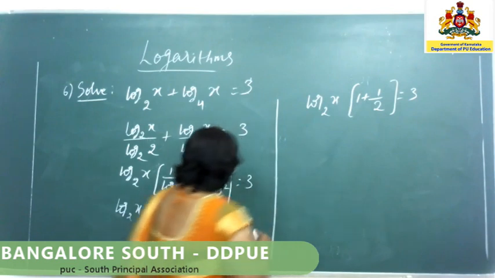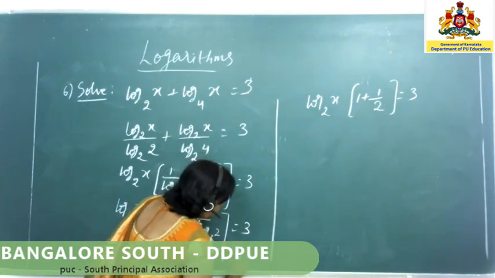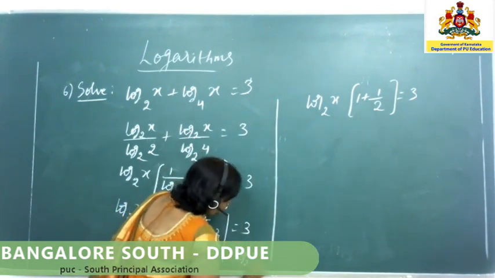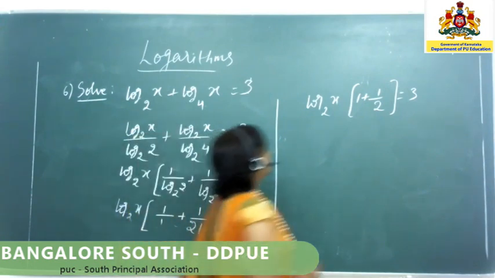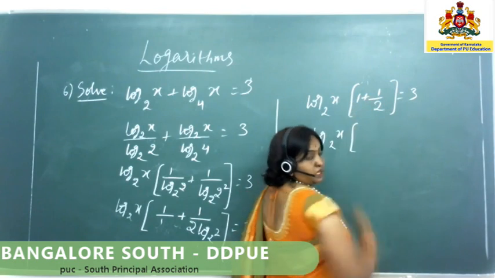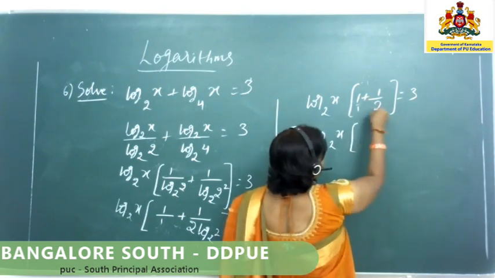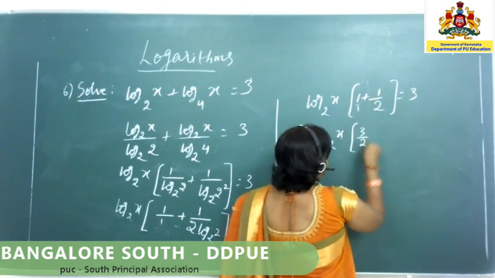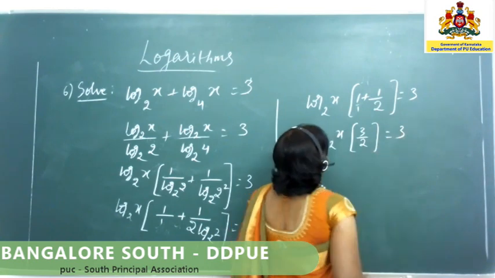So you can just make a note here, because log 2 to base 2 is equal to 1. So log x to base 2, take the LCM. So 1 plus 1 by 2, so 3 by 2 is equal to 3.